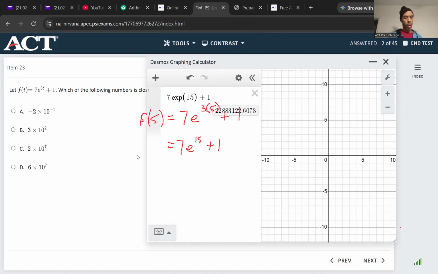Just check my cell phone calculator, because they can do this now. They have these scientific calculators on cell phones. I don't have my graphing calculator out. Yeah, there's e right there on this calculator. It's amazing that they have it in that form. Okay. So it was 7 times e to the 15th, then plus 1.